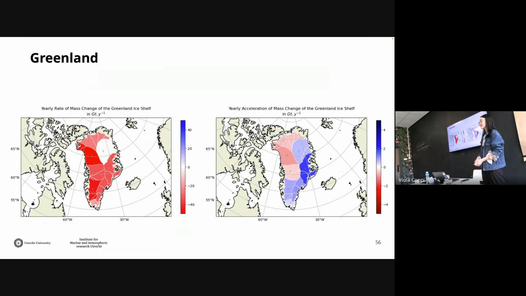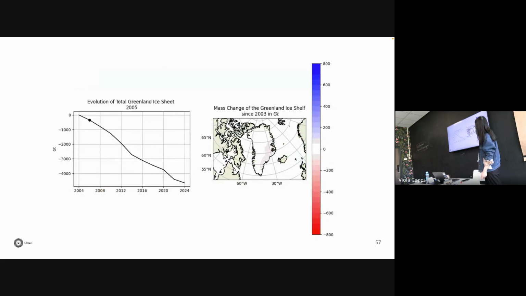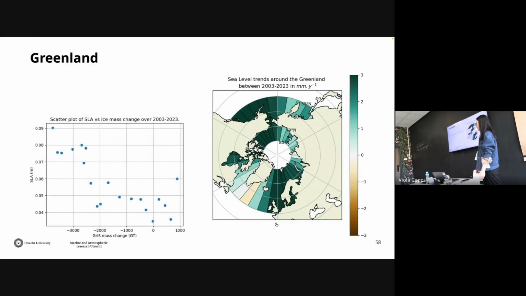Again, the Greenland is overall decreasing, and some regions have accelerated decreasing, but some regions are still decreasing at the same speed. And this is the plot from the Greenland, and when we look at how much sea level can be attributed to it, there is a little bit of sea level decrease, but in general it's sea level rise.